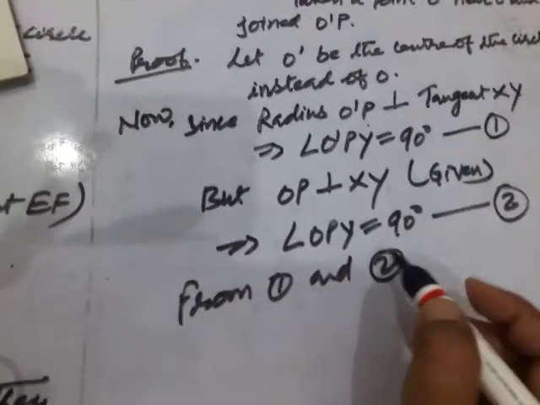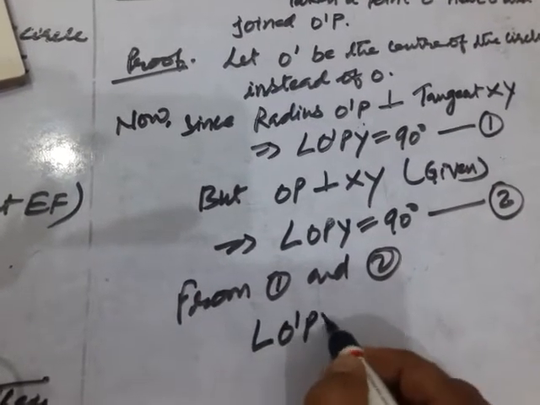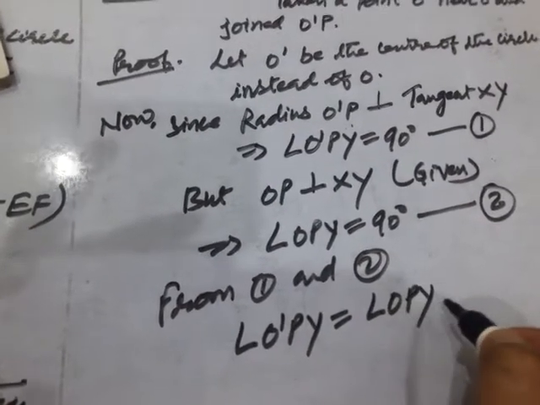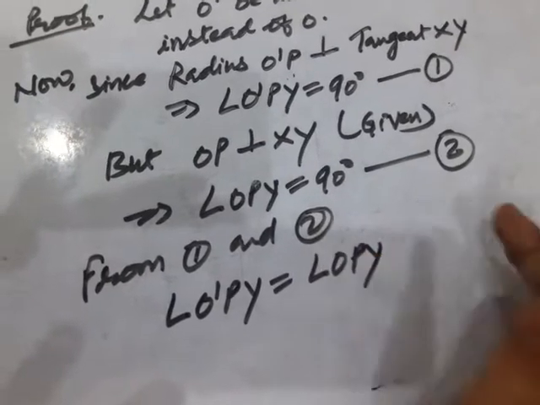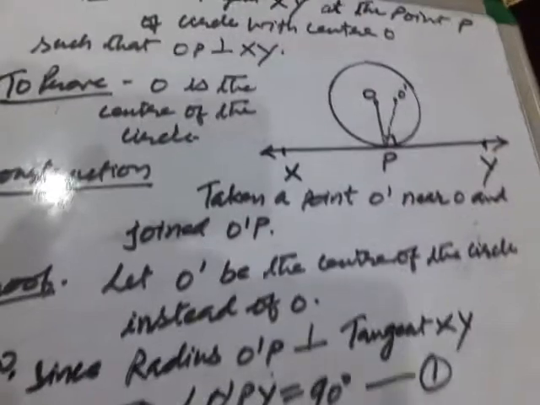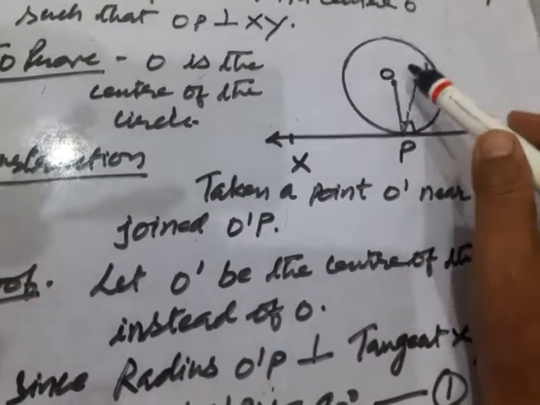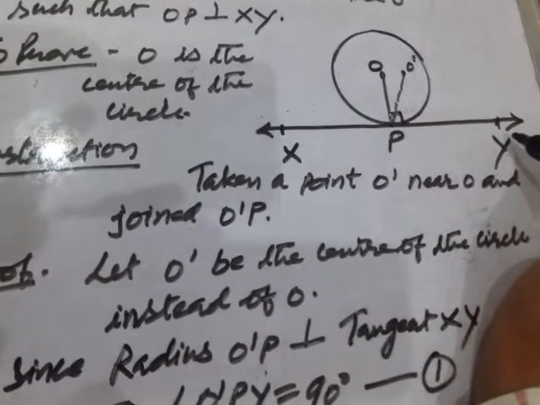Now from 1 and 2, what do we get? Clear children? This implies that angle O dash PY equals angle OPY. Both the angles are equal, that is, 90 degrees. See, now you see the figure, angle O dash PY equals 90 degrees, and angle OPY is also 90 degrees. What does it mean?